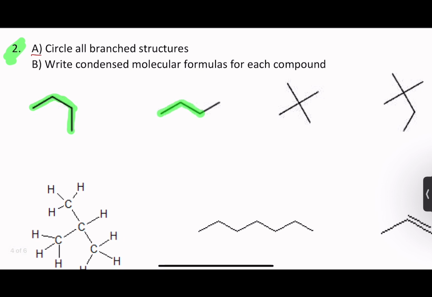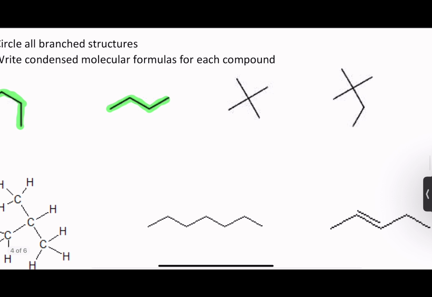And if you look at this one as well, it's all straight. But if you look at this one, if this is my longest chain, I have two branches. Because it's a chain, it needs to have a beginning and an end. But when I go through it, I see that I couldn't cover everything and I still have branches left.